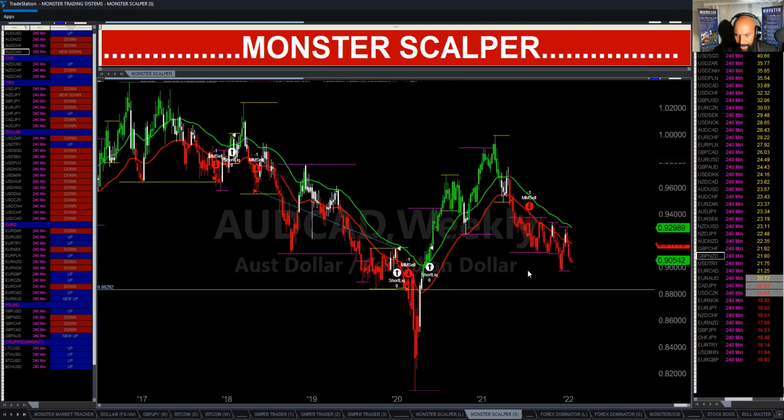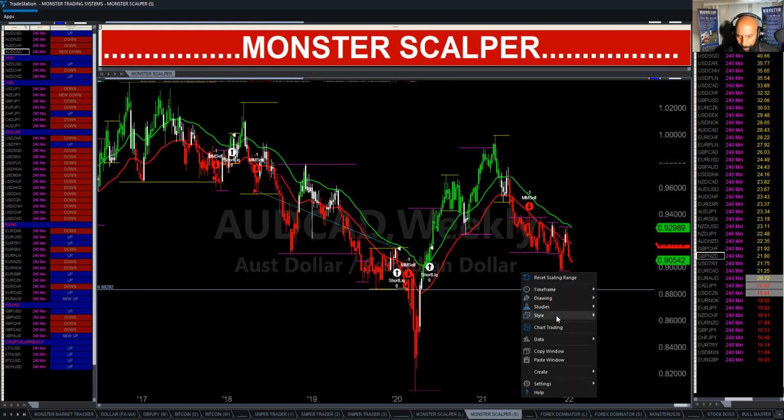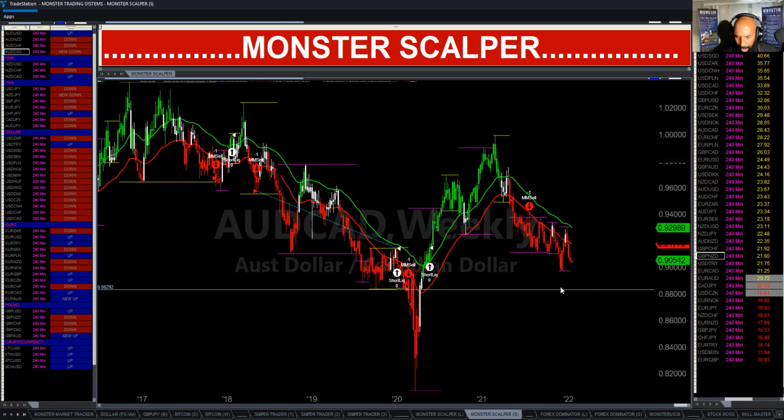So watch for this area here for support. And then your larger support is this area in here. So the largest support is this area here. If it breaks this support, watch out. You could really get a nice move to the downside. This is the weekly time frame.